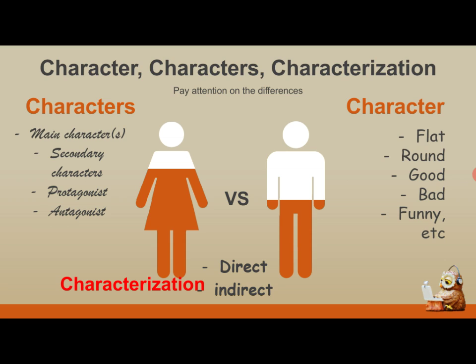So this character is not told about, it is not just explained to the reader. We could get it from the conflict, from the dialogue, from the points of view of other characters. That's the indirect way of characterization. So we have to pay more attention to the conflict and the dialogues.